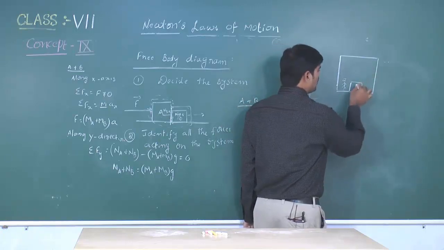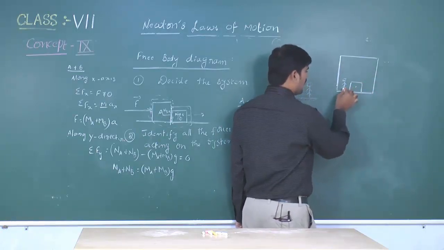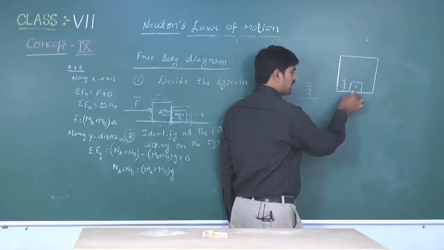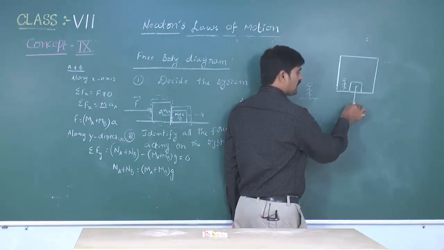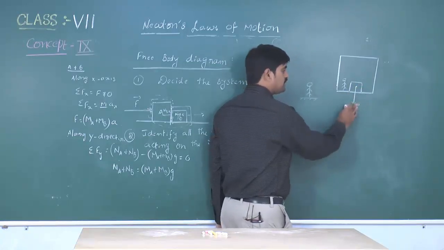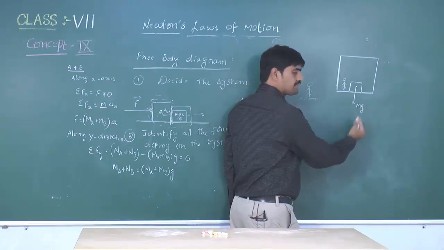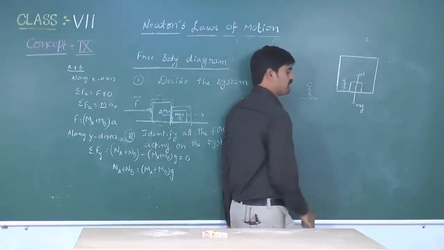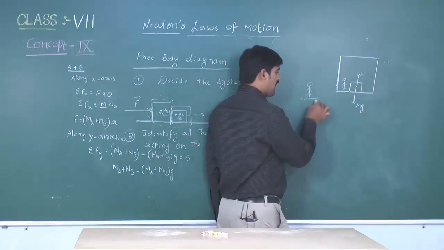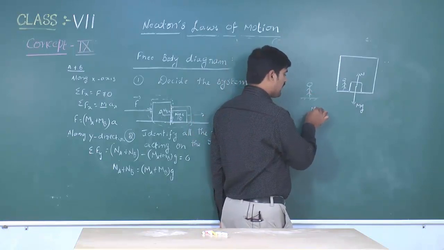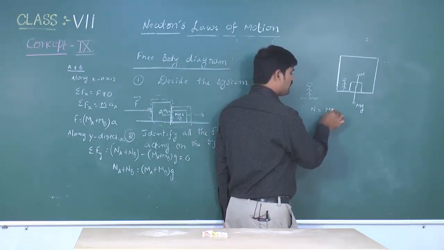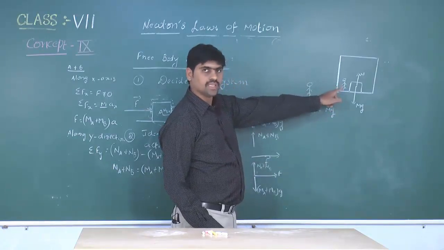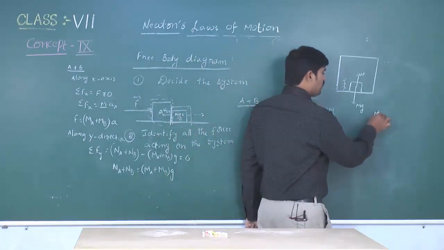Now, the lift is at rest. The forces acting on the body are mg acting in the downward direction and the normal reaction acting in the upward direction. The observer on the ground says N is equal to mg, and the observer in the lift also says N is equal to mg.